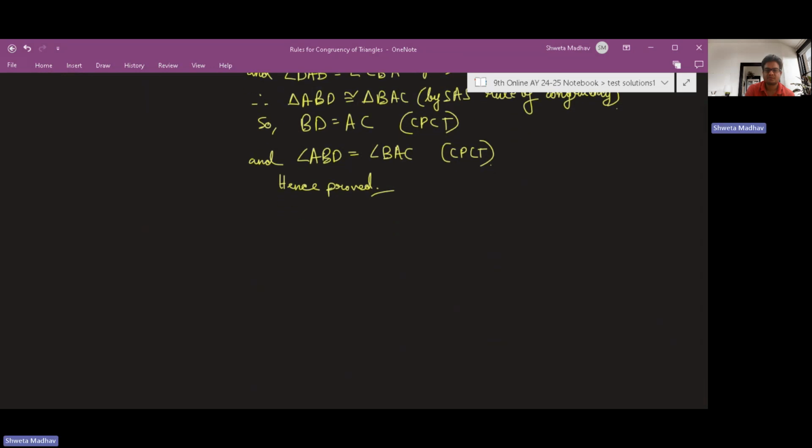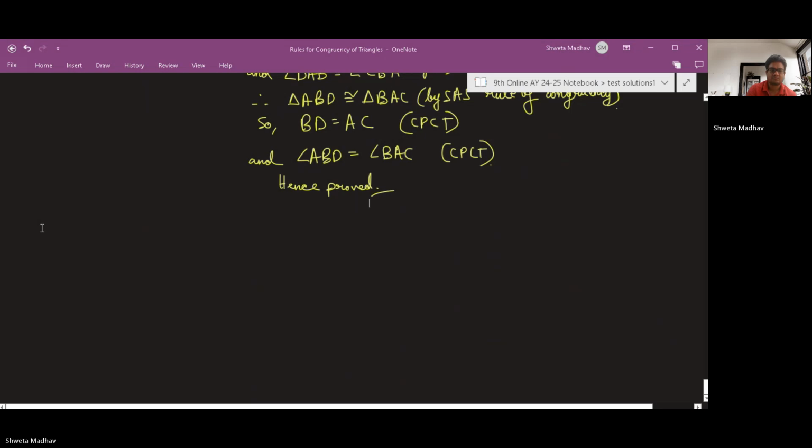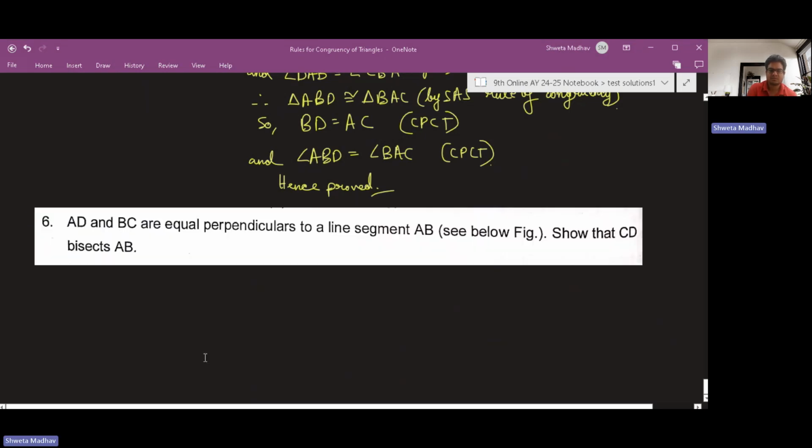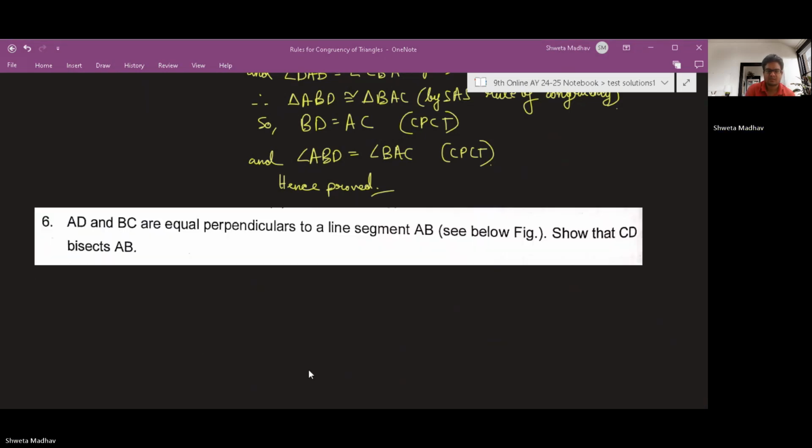Then we will solve question number 6. The figure has also been shown.